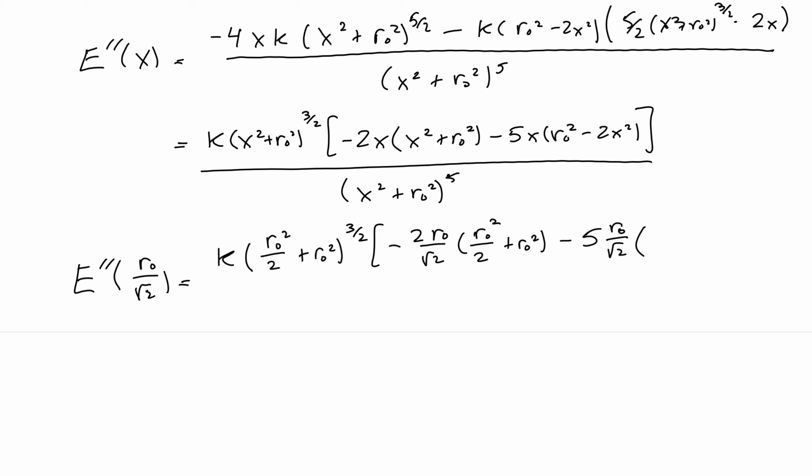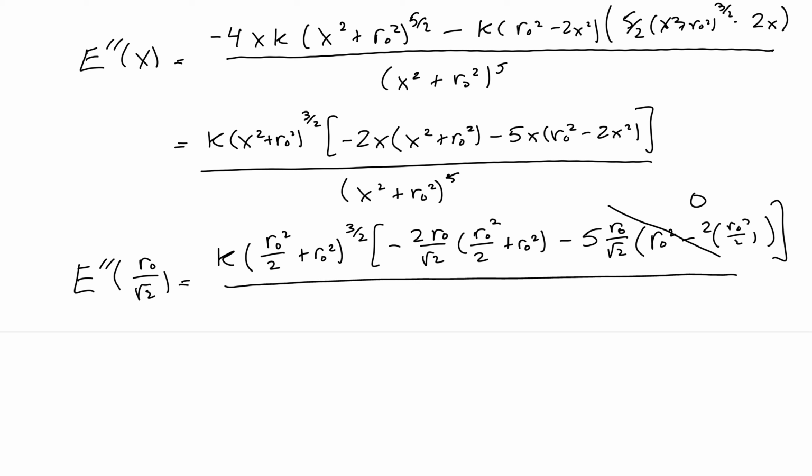And then notice the second term here gives me r0 squared minus 2 r0 squared over 2. So this term actually gives 0, all over (r0 squared over 2 plus r0 squared) to the 5th.